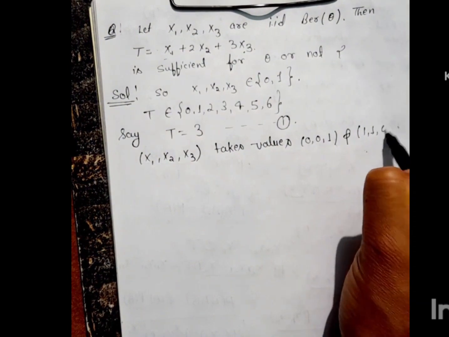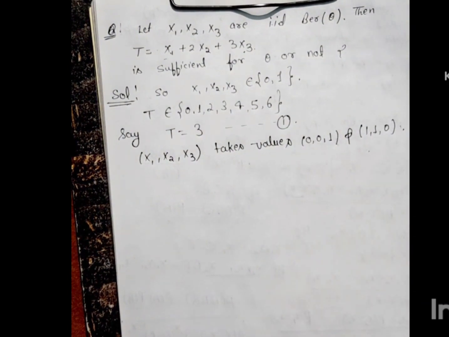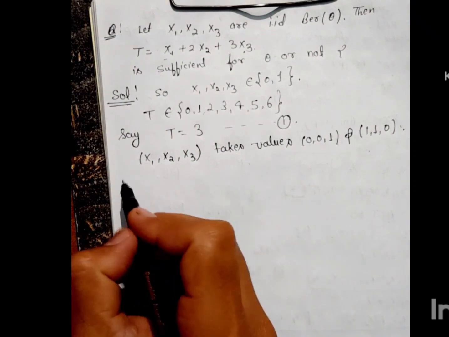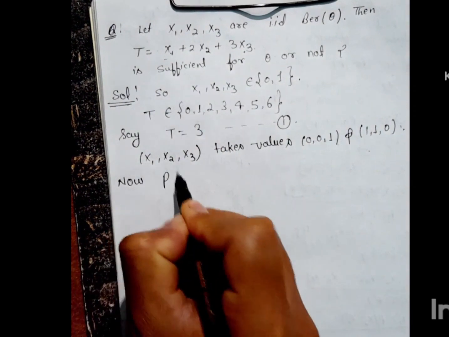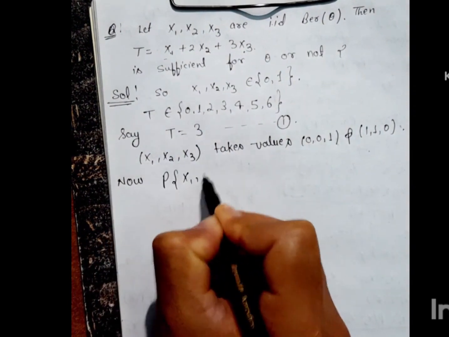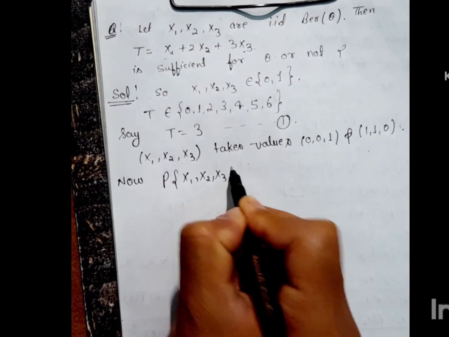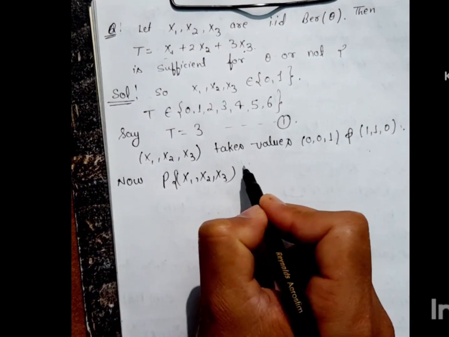There are only 2 cases when T comes out to be 3. So now we have to find the conditional probability of X1, X2, X3 such that T takes value 3.